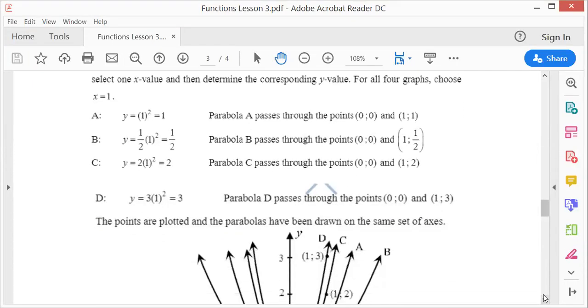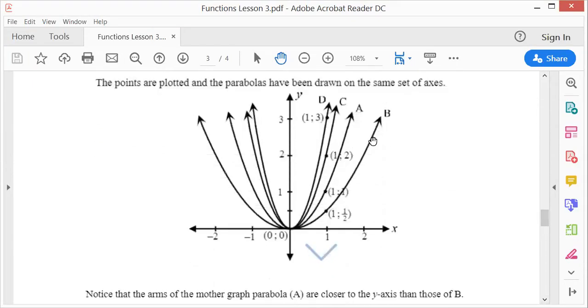Let's look at that fraction, the graph of B. What do you notice? It seems like the graph lies more flat, more broad, whereas D and C are more upright or more acute. Can you see, guys? So it seems like the bigger the a value, the more upright or narrow the graph will be.